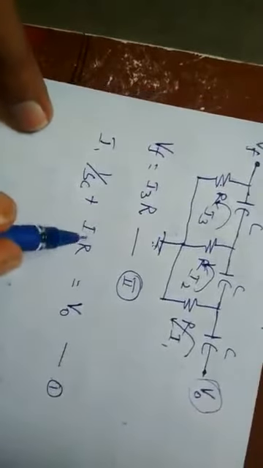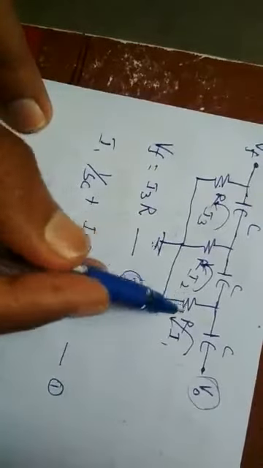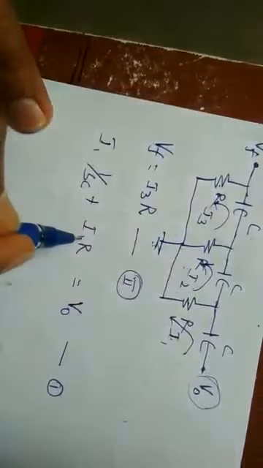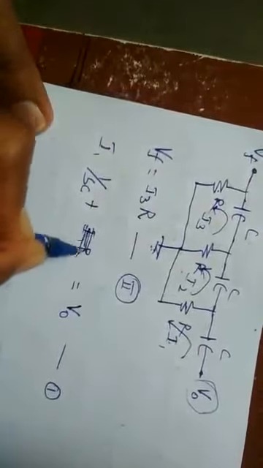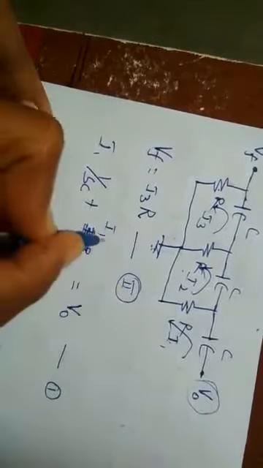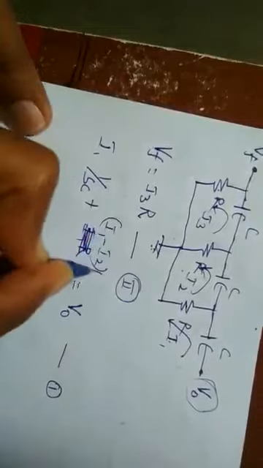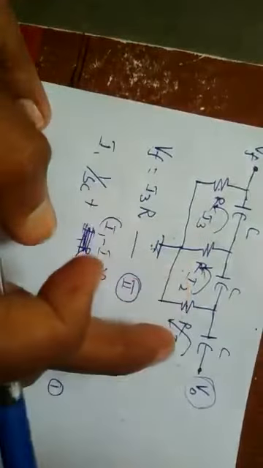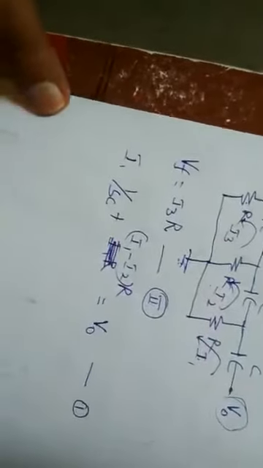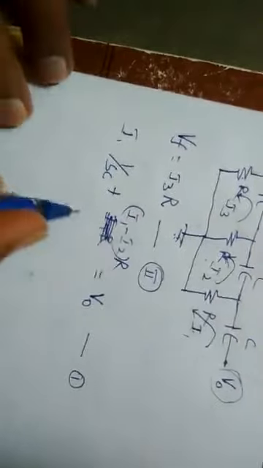Sorry, this is 1 by SC, and this resistor is common for I1 and I2. So instead of I1 into R, you have I1 minus I2 into R. This resistor is common, which shares the currents I1 and I2, so both currents flow through this resistor.